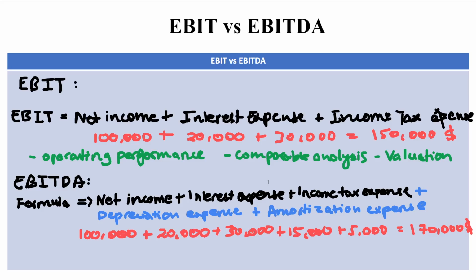Now, again, you might be wondering, why is this even important? So let's write down some reasons. The first one is cash flow proxy. EBITDA is often used as a proxy for a company's operating cash flow, as it excludes non-cash expenses like depreciation and amortization.